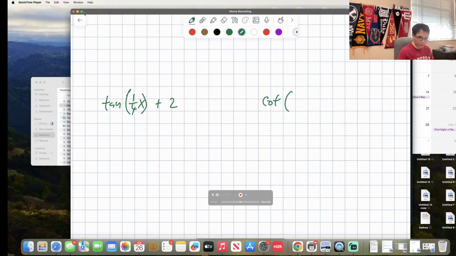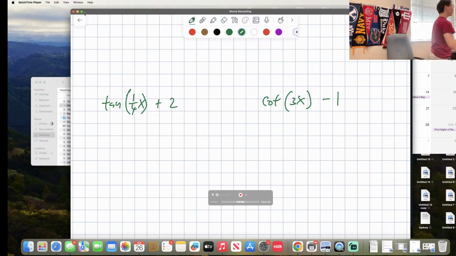Or cotangent of 3x minus 1. So if you know how to graph sine, cosine, secant, and cosecant, now you just have to graph tangent and cotangent.